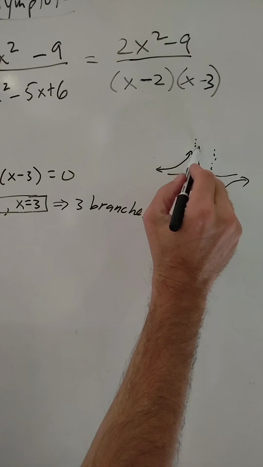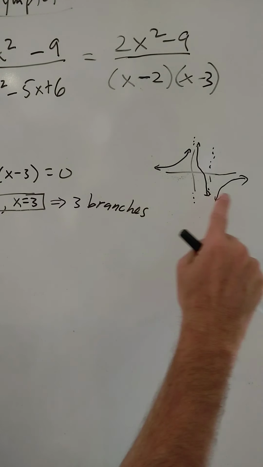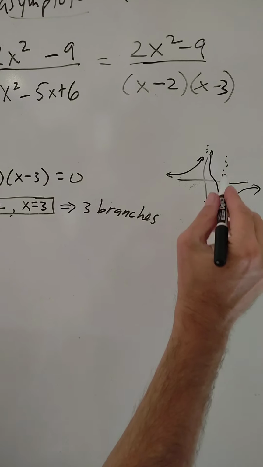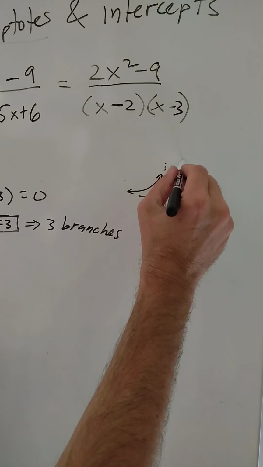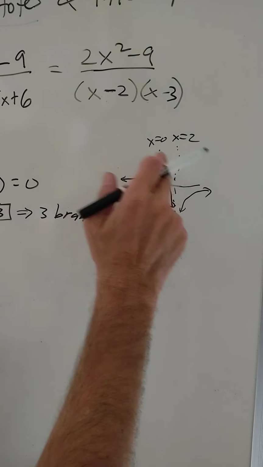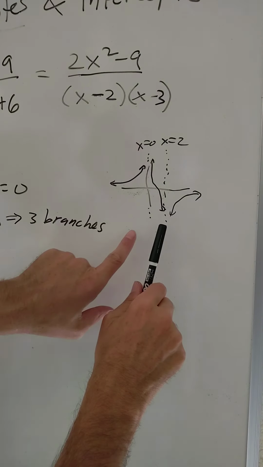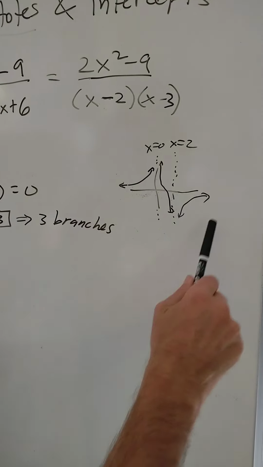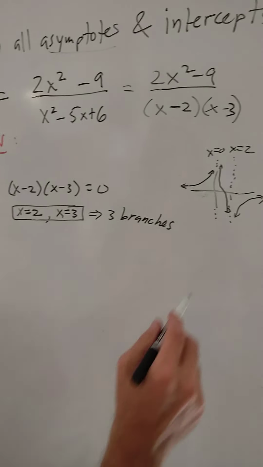So that's what I mean by branches, pieces of the graph. This is considered one graph. It's got 3 branches. Notice I just randomly wrote 2 vertical asymptotes with these dotted lines. This looks like x equals 0 and x equals 2, so this has nothing to do with this problem. But the point is, if you have 2 vertical asymptotes, you're going to have 3 branches for this one graph. Okay, so that's enough with that.